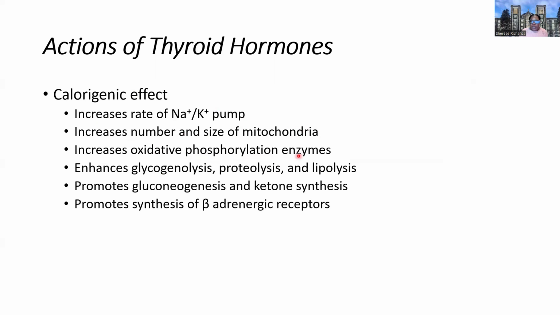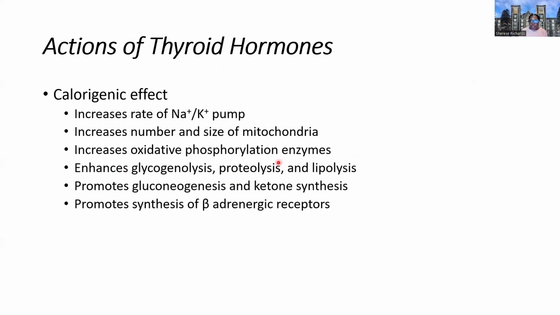Increasing the number and size of mitochondria, which just means more ATP production, more energy production, increasing the oxidative phosphorylation enzymes, same thing. This is where the bulk of ATP is made by cellular respiration. So if we increase the number of enzymes that are acting in oxidative phosphorylation, we're going to increase the amount of ATP produced. Enhances glycogenolysis, proteolysis, and lipolysis. This is the breakdown of these major biomolecules.